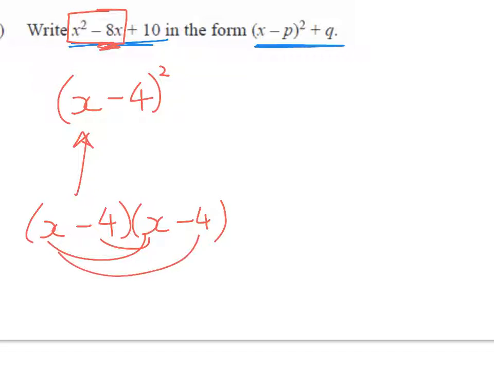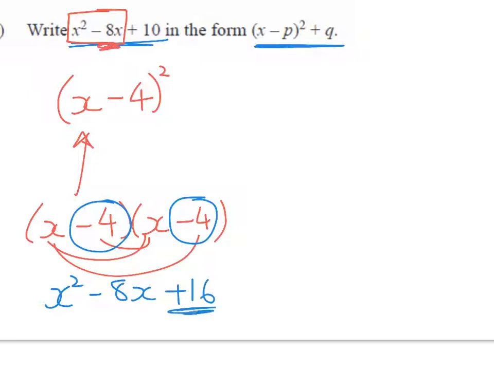That's going to give me the minus 8, but I've accidentally added in a plus 16. Okay, so if I expand out that (x minus 4) squared, I'm going to get x squared minus 8x plus 16. Right? I don't want to have the plus 16. I'm going to take that out to make things how they started off. Okay, so my final answer is (x minus 4) squared minus 6.